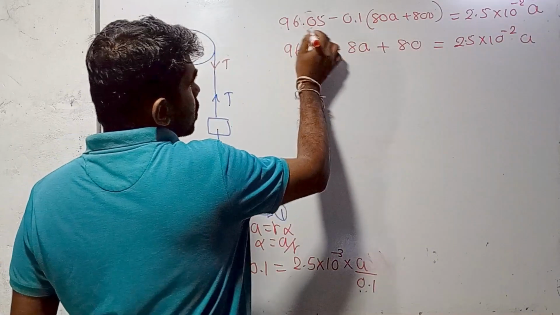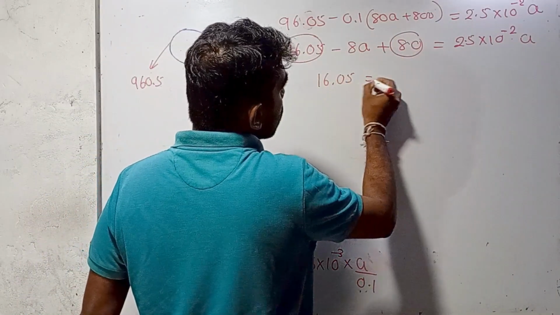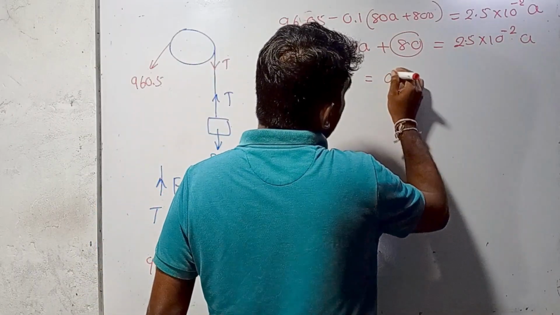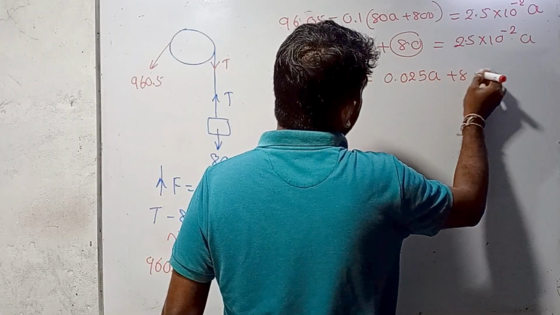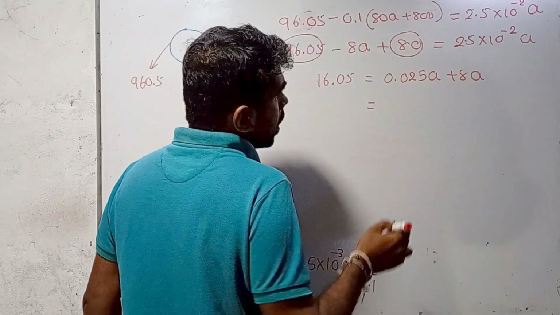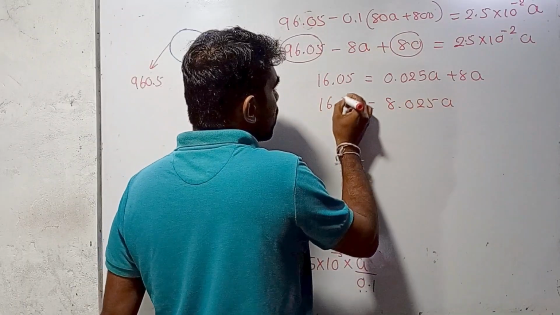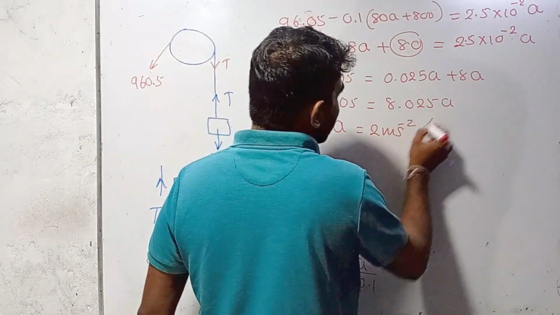Now I will subtract: it is 16.05. 0.025 a plus 8 a, 8.025 a equals 16.05. Then we can find acceleration, 2 meters per square second.